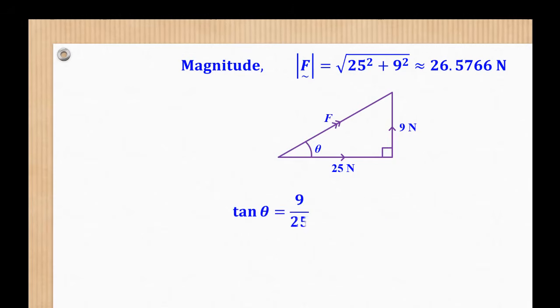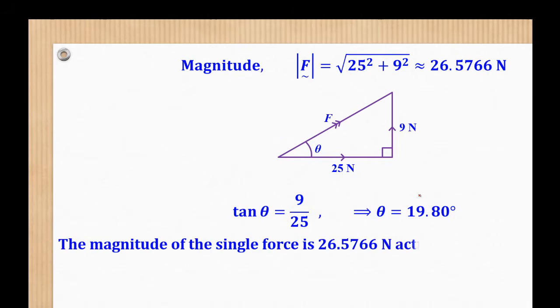So I can use SOHCAHTOA to get the value of theta. Opposite over adjacent gives you tan, therefore theta will be 19.8. Then I'll conclude the magnitude of the single force is this, acting in the direction this, above AB.